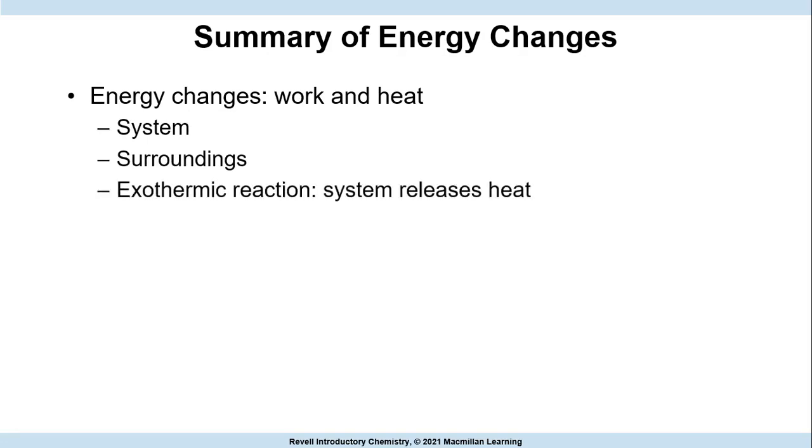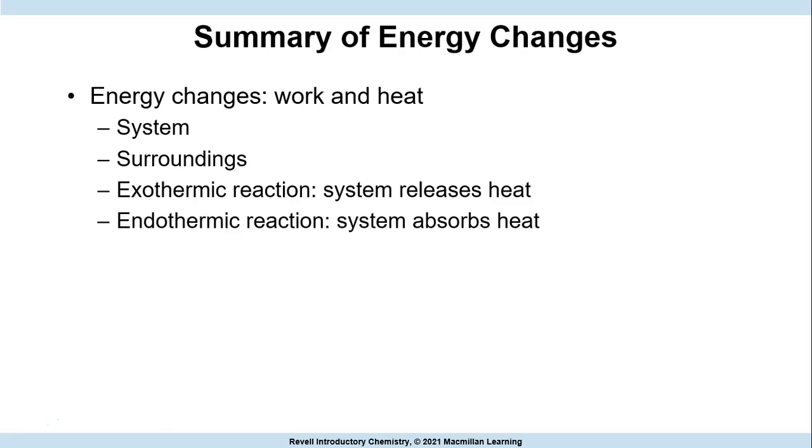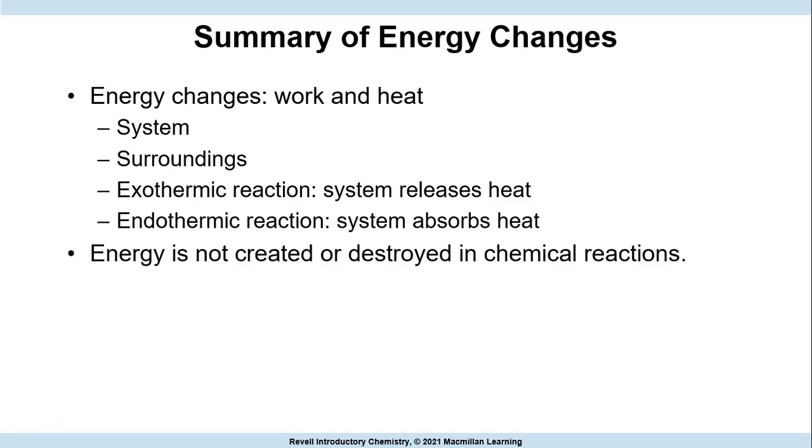We also defined an exothermic reaction as a case where the system releases heat, and for an endothermic reaction, the system absorbs heat. We also said the energy is not created or destroyed in chemical reactions, and that is called the law of conservation of energy.